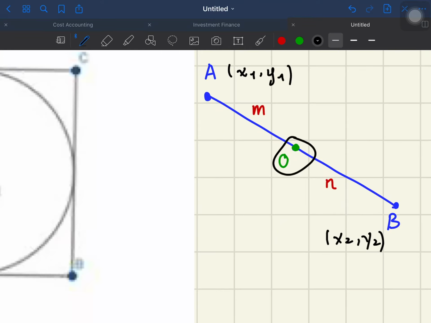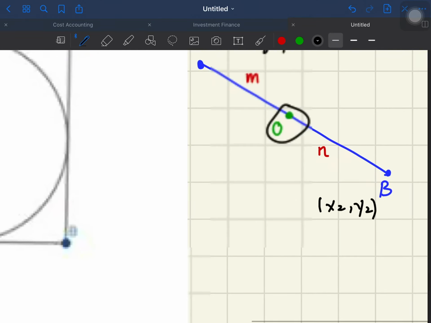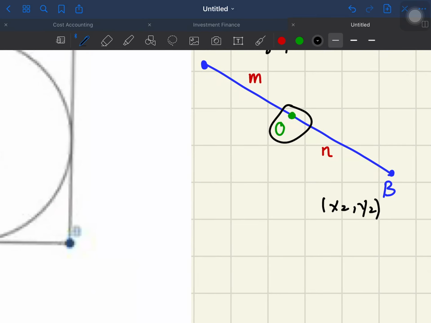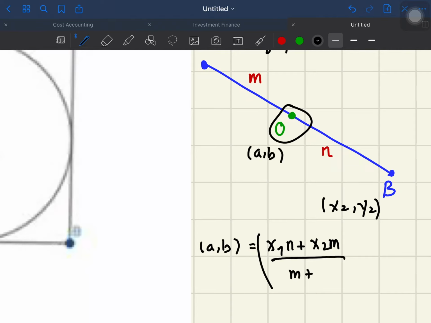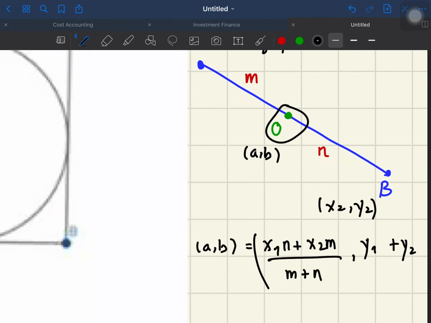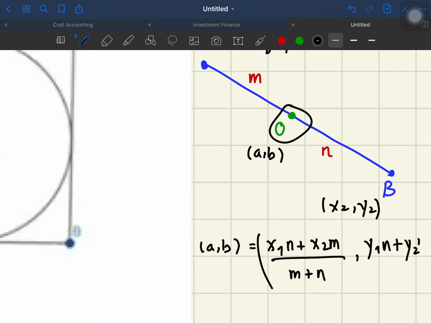we can actually use these coordinates and these two ratios to get the coordinate of O by using the formula. The coordinate of O, which we name as AB, equals x1 n plus x2 m over m plus n, and then we copy down for y1 and y2 at the same time with n and then m, over m plus n, and that's all.